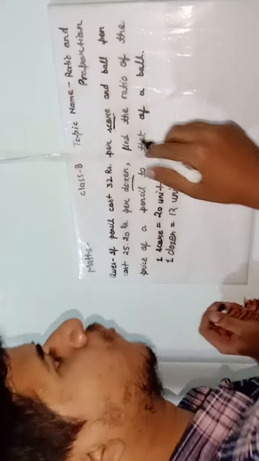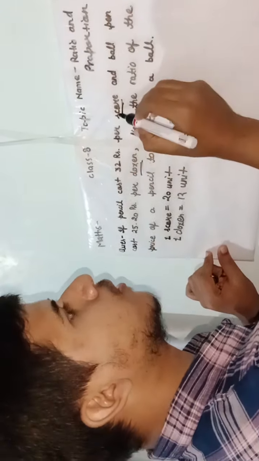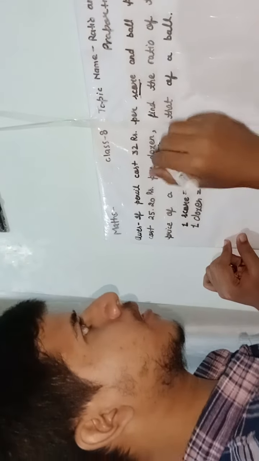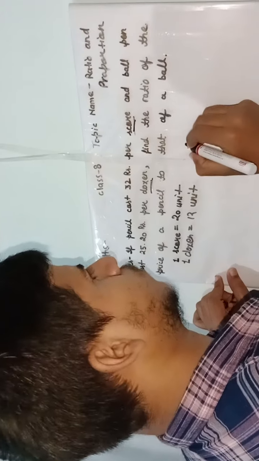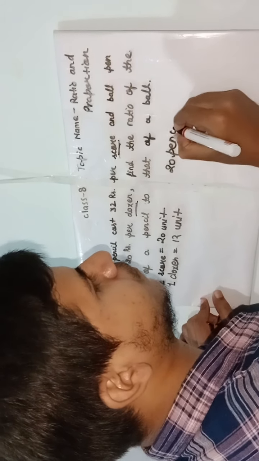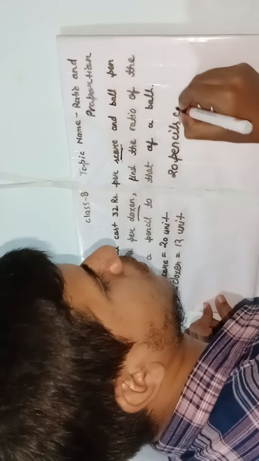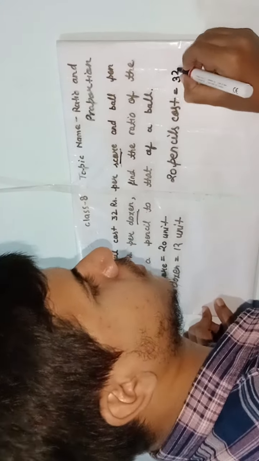So find the ratio of the price of a pencil. First, find the price of a pencil. Score means 20. Then 20 pencils cost 32 rupees.